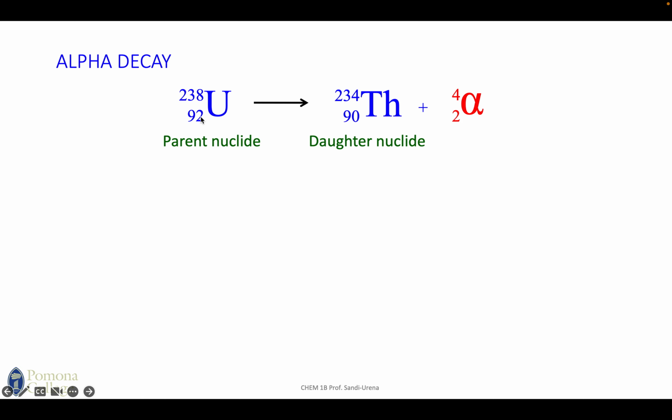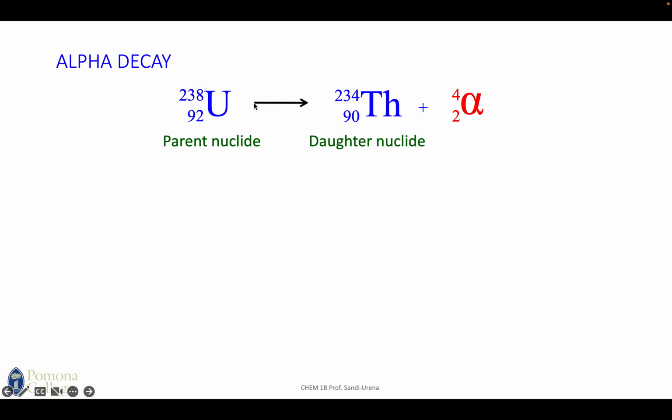We start with uranium-238, and we have our ways in chemistry to determine the number of protons and number of neutrons. We realize that the product we get is thorium-234. If we started with uranium-238 and we get thorium-234, that's an indication to us that what was emitted was an alpha particle.